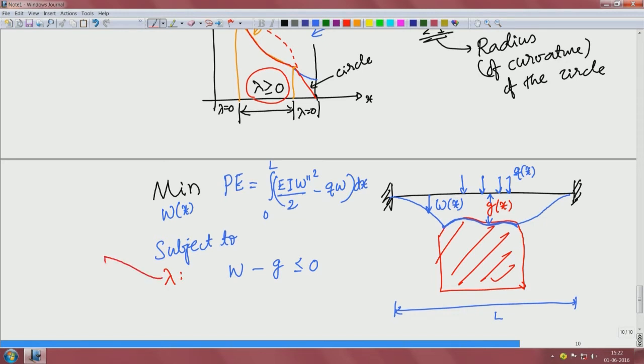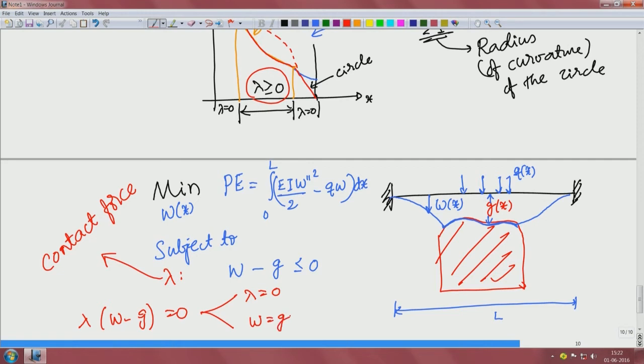This lambda turns out to be the contact force because Lagrange multipliers have physical meaning. It is a contact force, and that also makes sense when we write the complementarity condition that lambda times W minus G equal to 0 has two possibilities, either lambda equal to 0 or W equal to G.